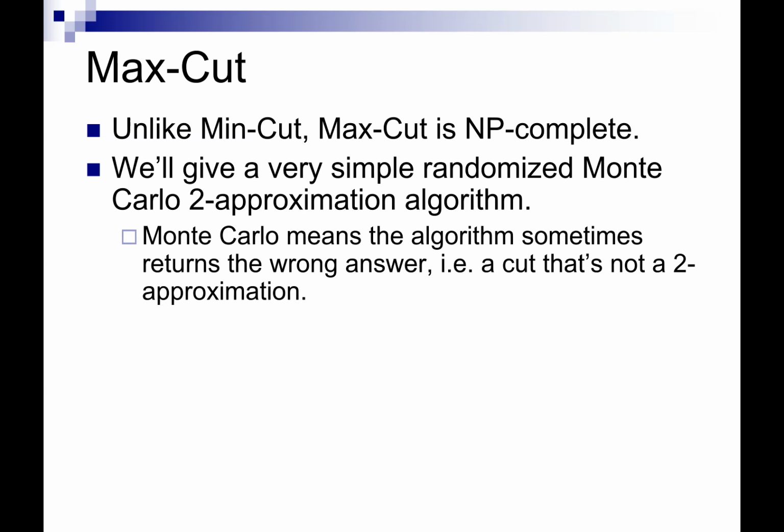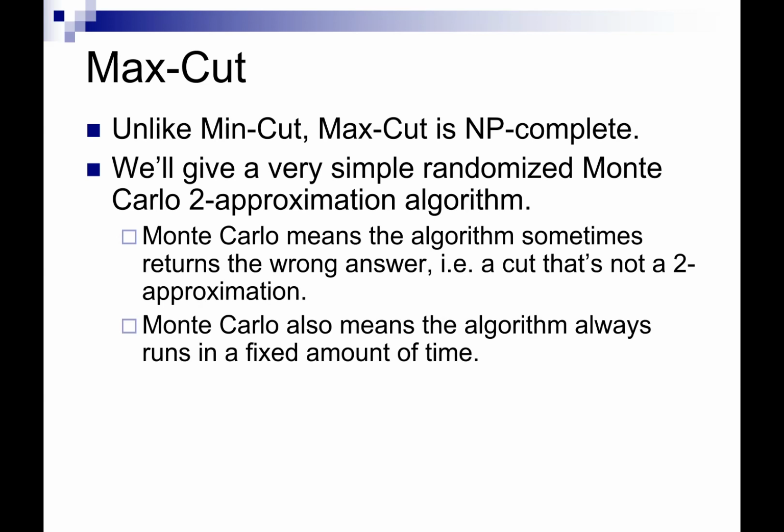But sometimes this algorithm can give you the wrong answer. Sometimes it can perform very poorly and give you a very small cut, maybe just 1% of the maximum cut. But on average, it's going to give you half of the maximum cut. On the other hand, this algorithm is always going to run in the same amount of time, as we'll see.